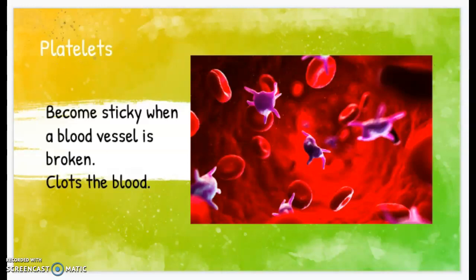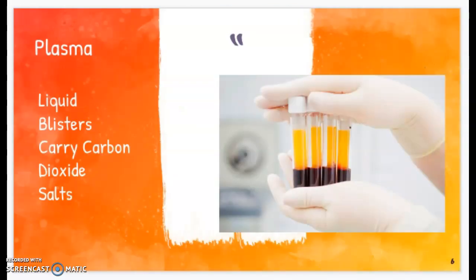These guys that we've done already, the red blood cells, white blood cells, and platelets, those are the solid parts of your blood. Now, the plasma is the liquid part of your blood, okay? This is blood after it's been in a centrifuge. That just means it's been spun around and around and around really, really fast. So the more dense, more solid stuff goes to the bottom.